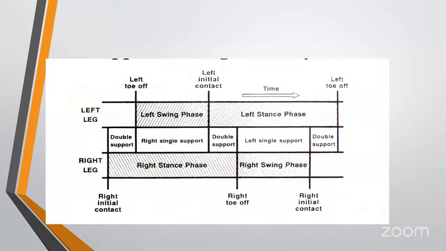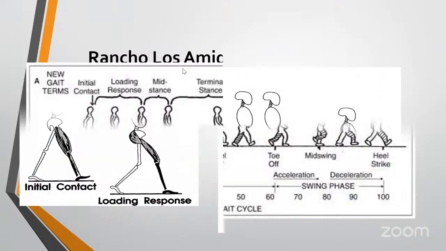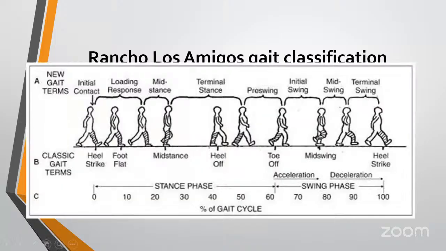But we have the more newer one, which is the Rancho Los Amigos classification, where we have not just activities that are going on in the foot, but we have also activities going from head to toe.